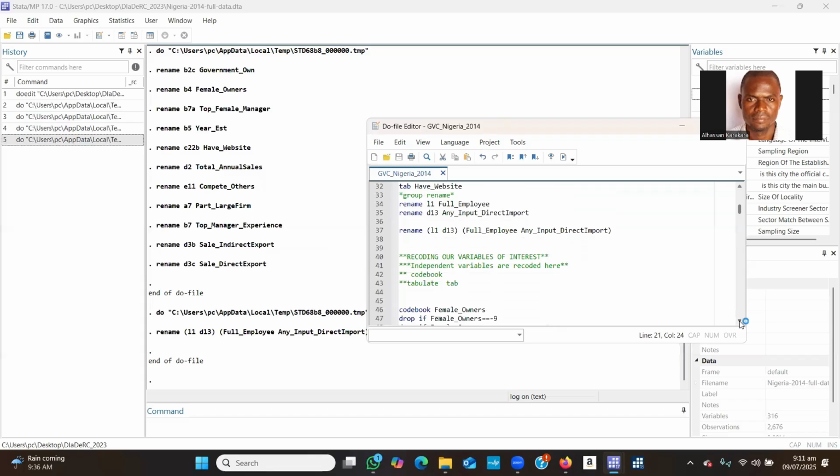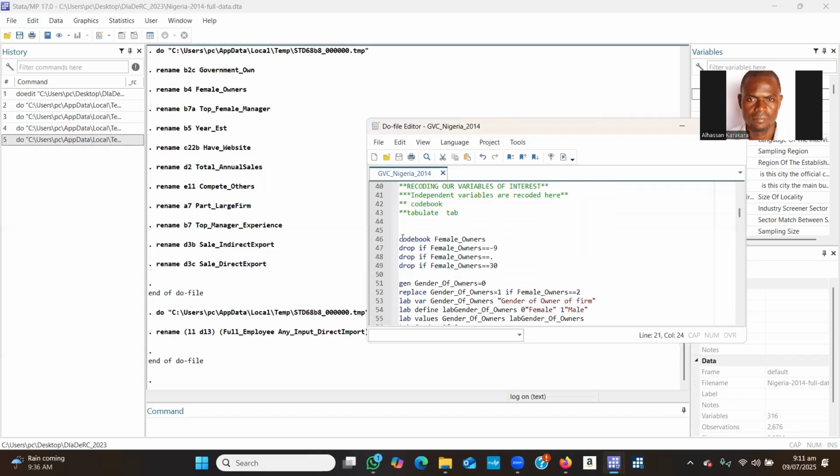So if you come to the recoding, if you type codebook of that variable, since we have renamed our variable, we are now going to be using the new names and not the old names in the data set. If you type the old names, Stata will not be able to identify them. This is because you have renamed the variable. So you have to always go by the new names that you give.